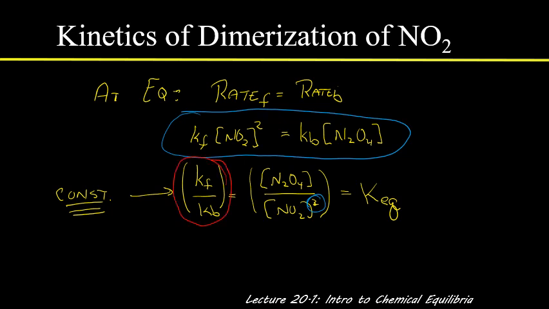So I keep saying that these are constant, and they are constant, but they're temperature dependent. And so because these are temperature dependent, these constants will change with temperature, and this ratio also changes with temperature. And so the equilibrium constant for any reaction is a constant, but it's a temperature dependent constant.